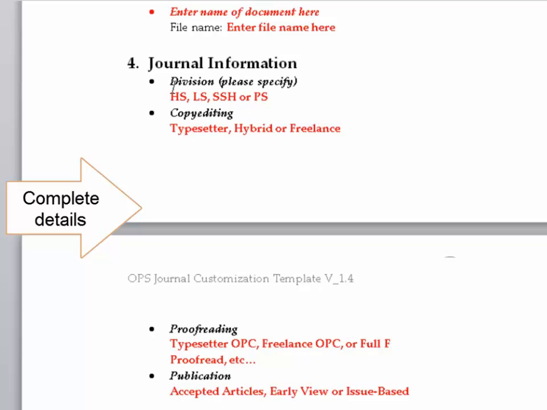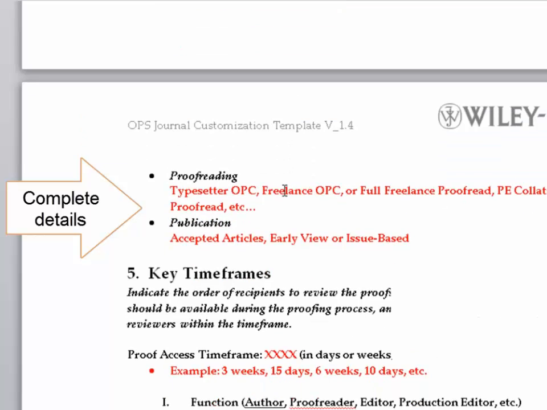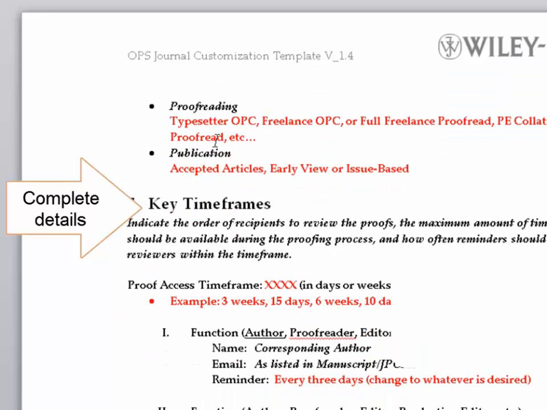Then we need to give them a bit of information about the workflow of the journal, what division it's in. In terms of the proofreading, we need to say whether it uses a freelance person, or if it's outsourced proof collation, as in done by the typesetter. You can still use OPS if your typesetter does the proof corrections for you.